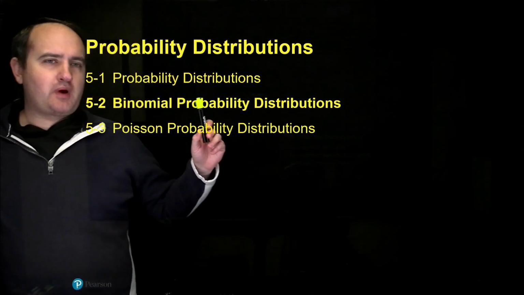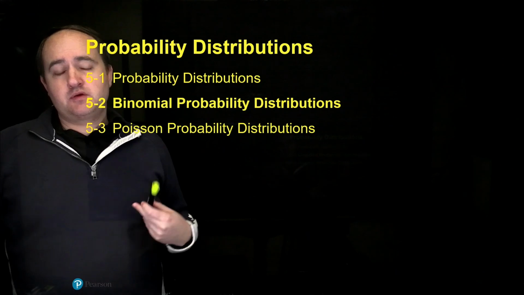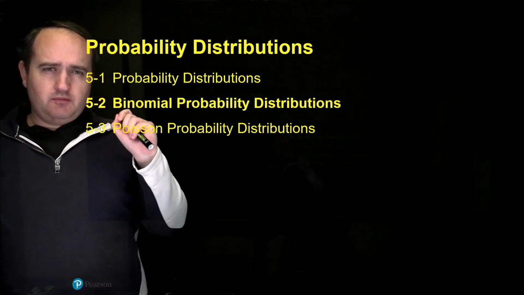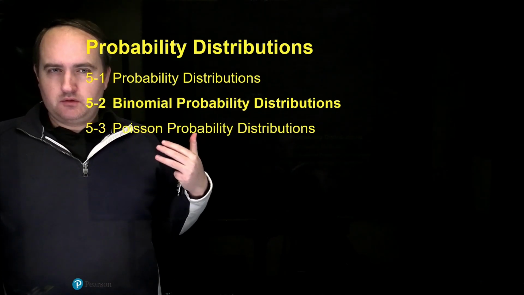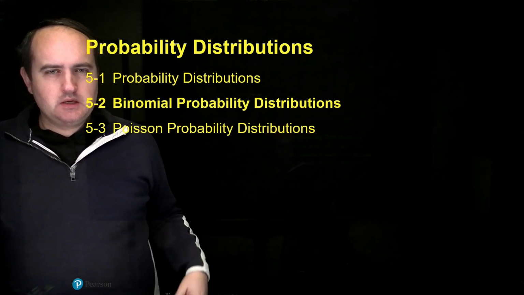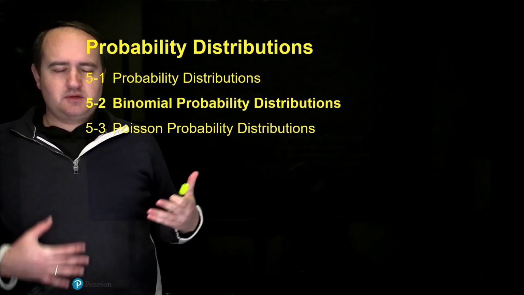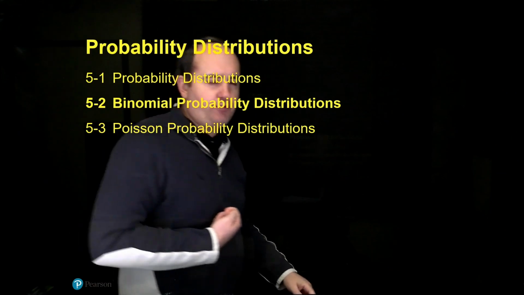However, the binomial probability distribution, 5.2, is definitely a part of the curriculum at our school. And anything that we need from 5.1, we will kind of learn as we go through 5.2. So I've taught this course many times in person, so I've found that covering 5.1 isn't particularly helpful.